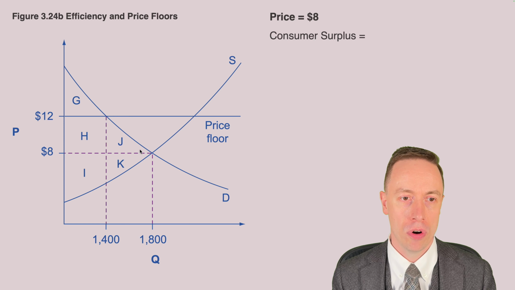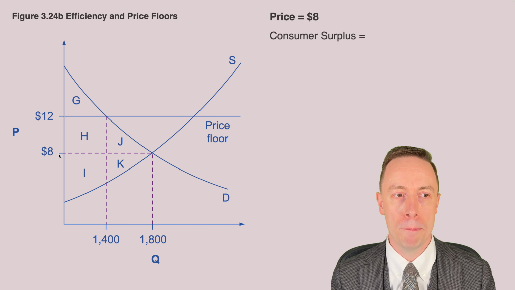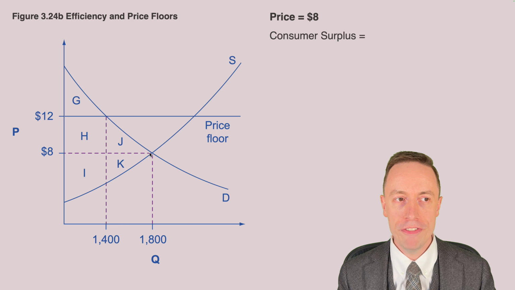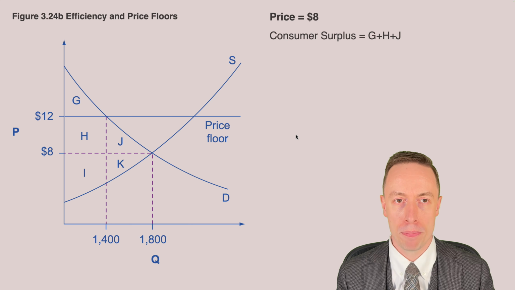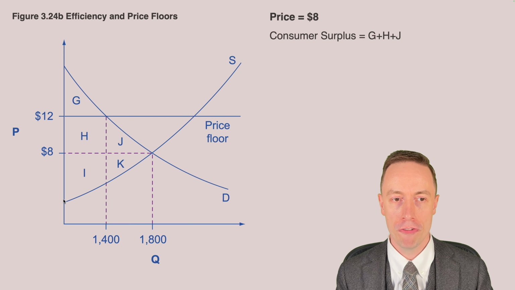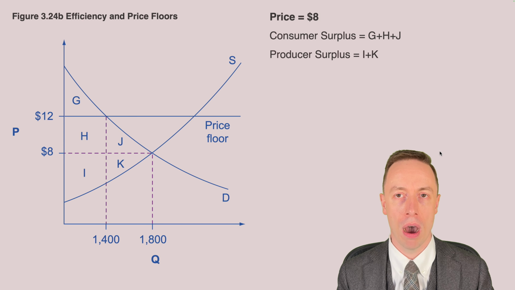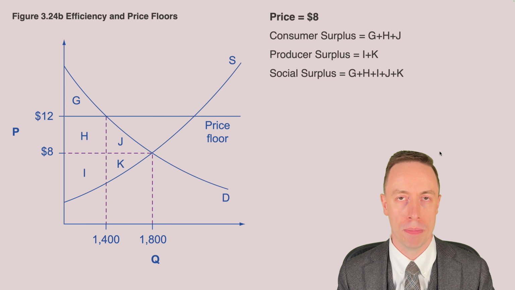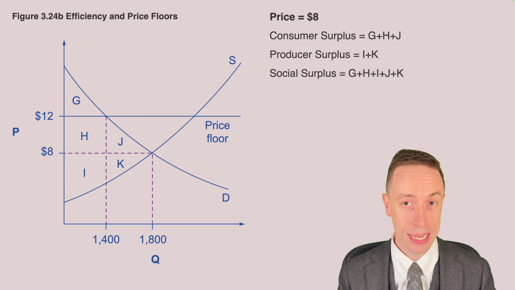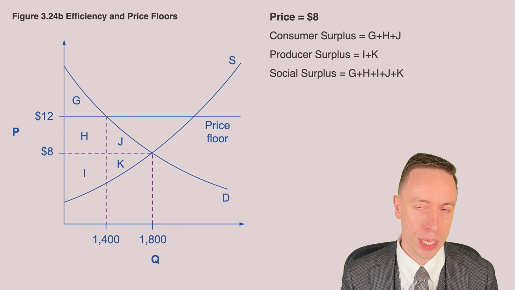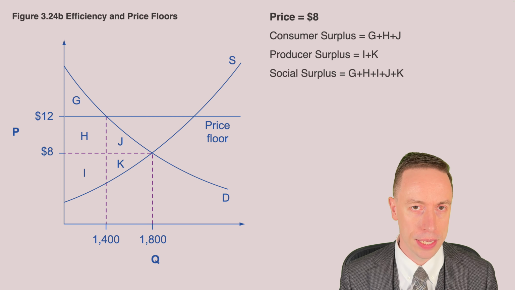Under the demand curve, all the way out to 1800, above the $8 price, we find areas G, H, and J. For our producers, we look below the price, above the supply curve, all the way out to 1800 units, we find areas I and K. Adding them up, we are left with a social surplus of all labeled areas, which, once again, is the maximum social surplus we can get out of this market, so we go ahead and call that efficient.